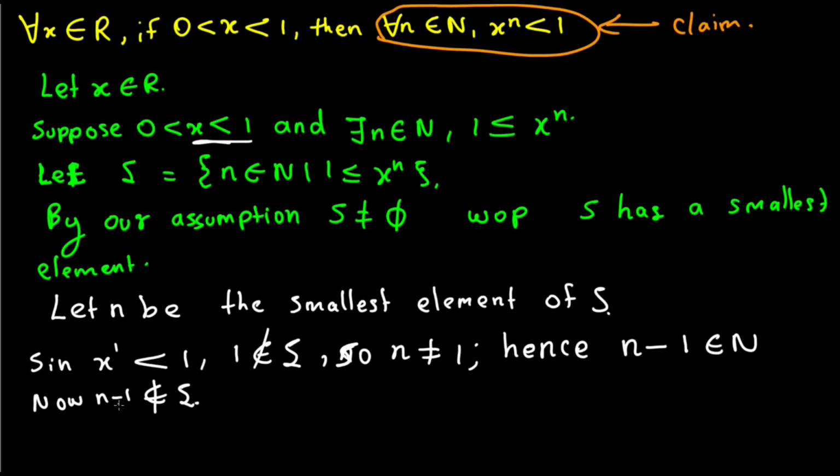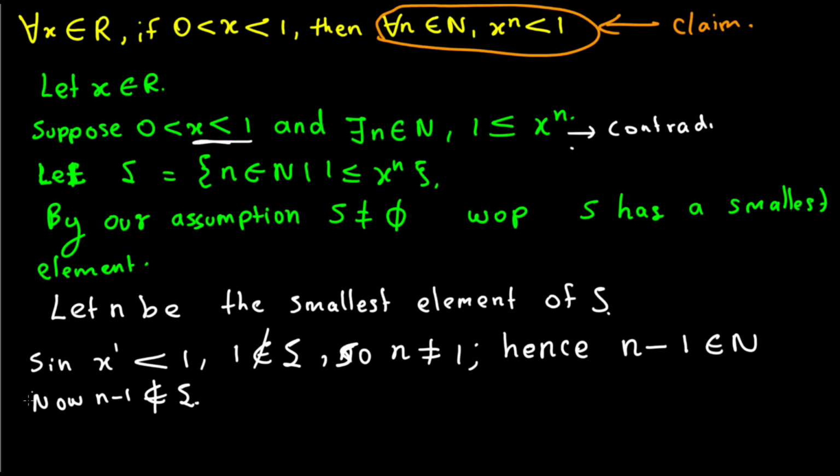N minus 1 is less than the smallest, so it's not in the set, but it's a natural number. So if we can prove this satisfies this condition, it means something outside of the set is satisfying this condition, which represents that this is wrong. That's what we want, because this is our contradiction.